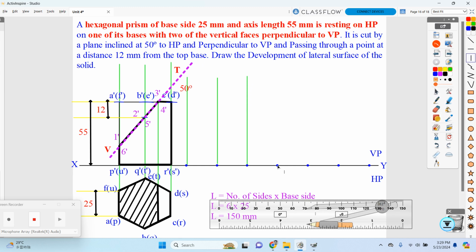This is my fourth reference line, then fifth, sixth, and my last ending line. Now we know the height of our system is 55. So from this point I am going to draw a line so that my drawing has to be completed within this line.